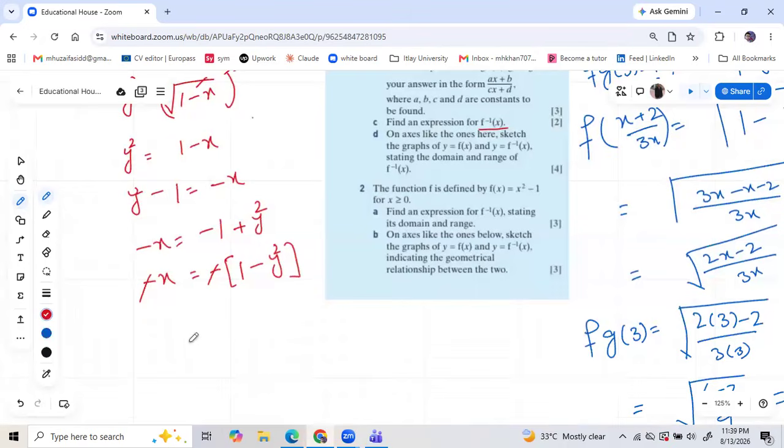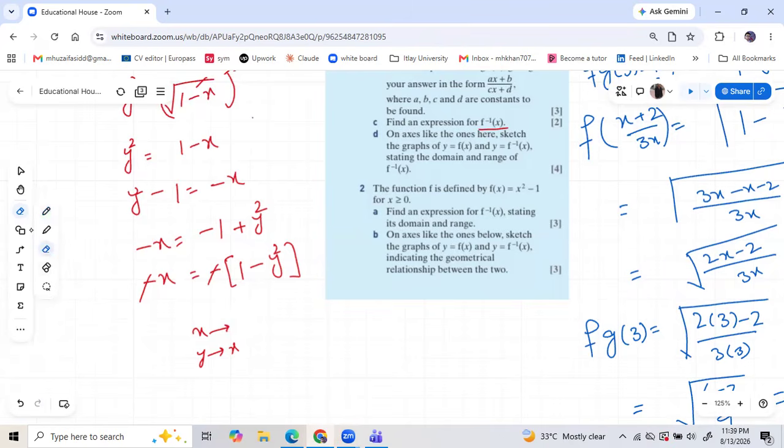In our inverse functions we do the replacing: x is replaced by y, and y is replaced by x.